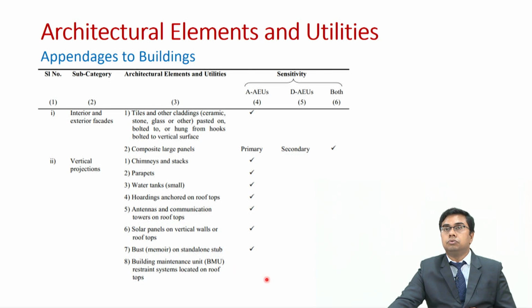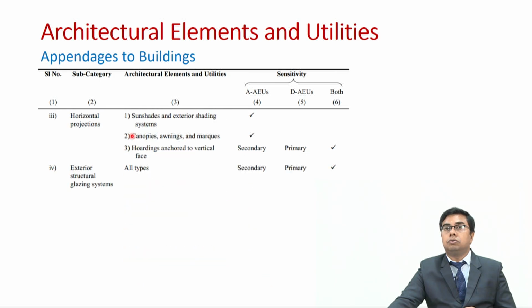Now, having understood this, let us look into horizontal projections which include sunshades and exterior shading systems, canopies, awnings and marquees, hoardings anchored to vertical face. So, all of these are mostly classified as acceleration sensitive AEUs because these are massive elements which are connected to the building.